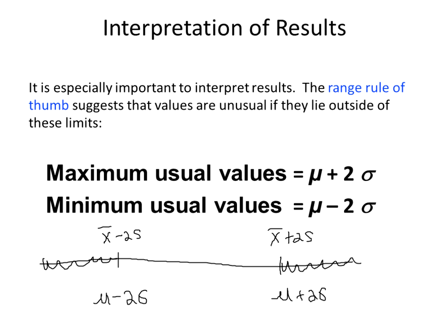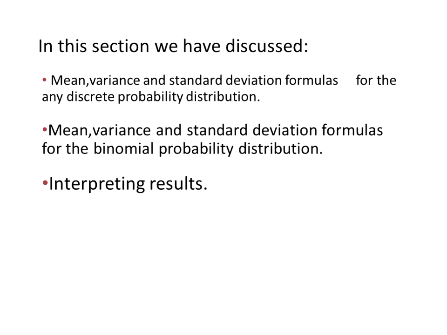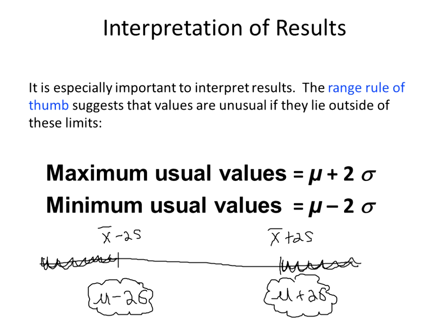All right, so the mean minus 2 standard deviations is still the minimum usual value, and the mean plus 2 standard deviations is the maximum usual value. Anything that falls beyond is considered to be unusual events. I put that at the very end because I thought I would forget it. But that's it. We are done with Chapter 5.